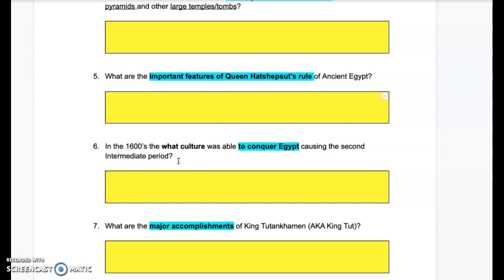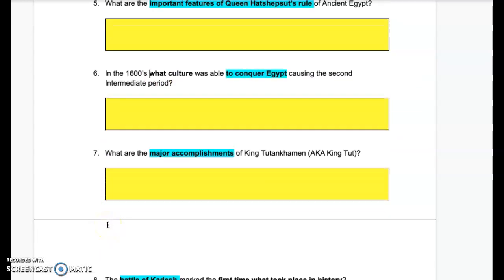Number 6. In the 1600s, what culture was able to conquer Egypt, causing the Second Intermediate Period? And type your answer in the yellow box here. Number 7.